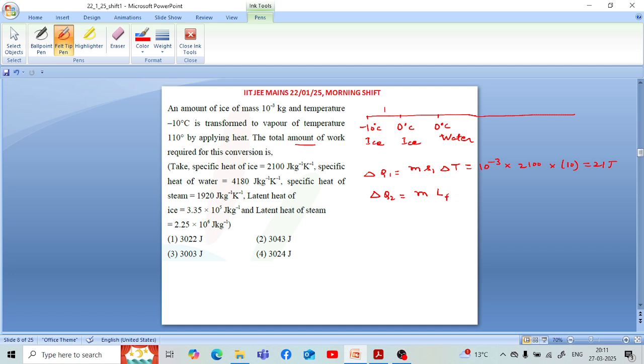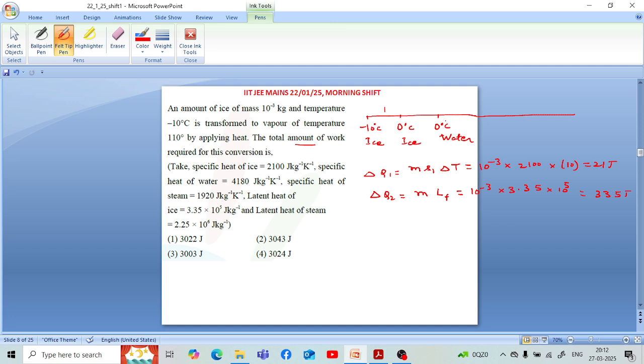So latent heat of fusion for ice we have to use here. Mass is 10 raised to the power minus 3 kg, and latent heat is given in the data, which is 3.35 into 10 raised to the power 5 joule per kg. So after solving this, this value comes out to be 335 joules. So this is delta Q2.